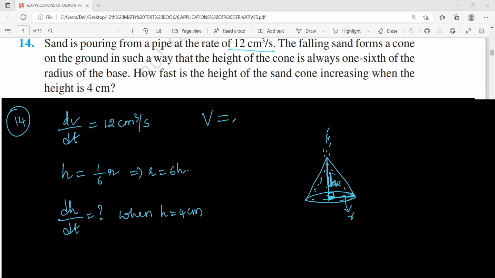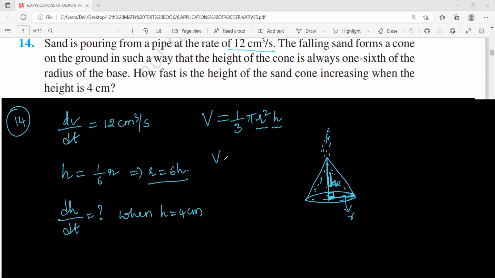What is the formula? 1/3 pi r square h. But whenever you differentiate, there should be only one variable. Here you have two variables. What you want is dH by dt, so R you don't need. Therefore remove R using this.